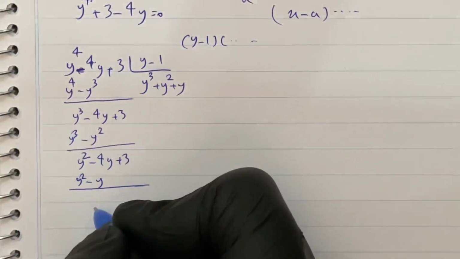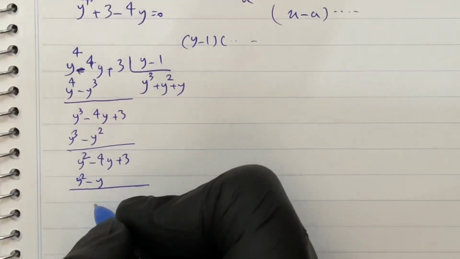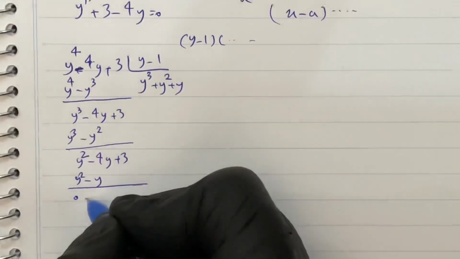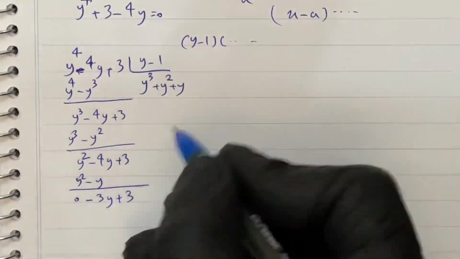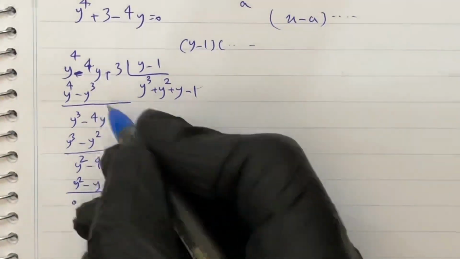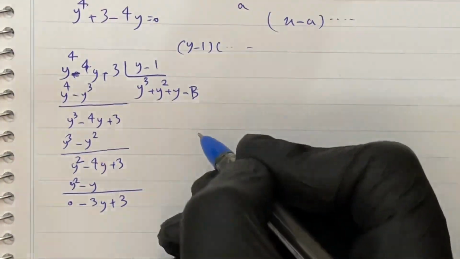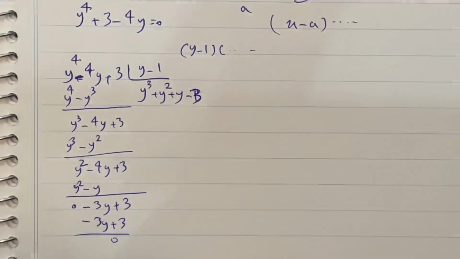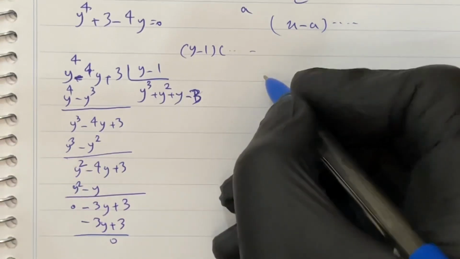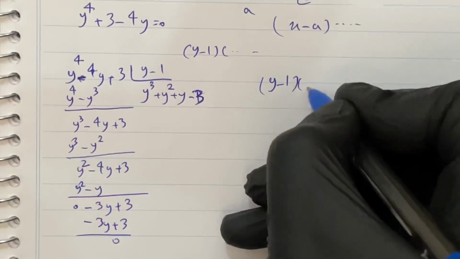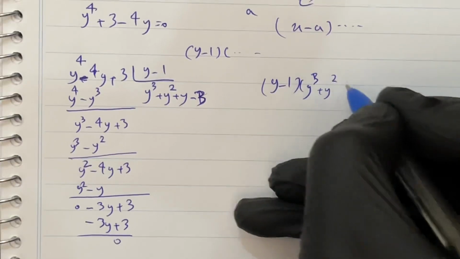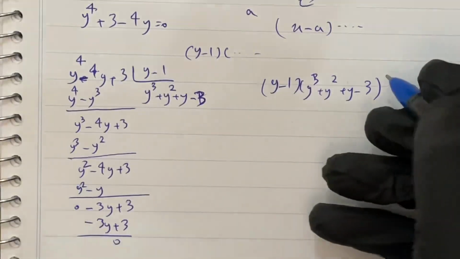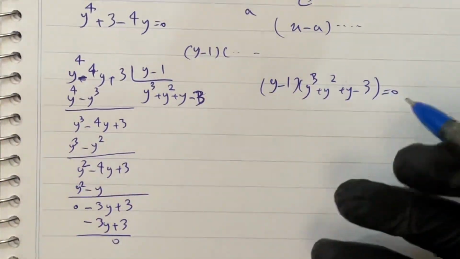That is zero minus 3y plus 3, and another minus 3, so minus 3y plus 3 would be 0. So the whole equation would be in this form: y minus 1 times y^3 plus y^2 plus y minus 3. And so this is our equation, that's so easy to solve.